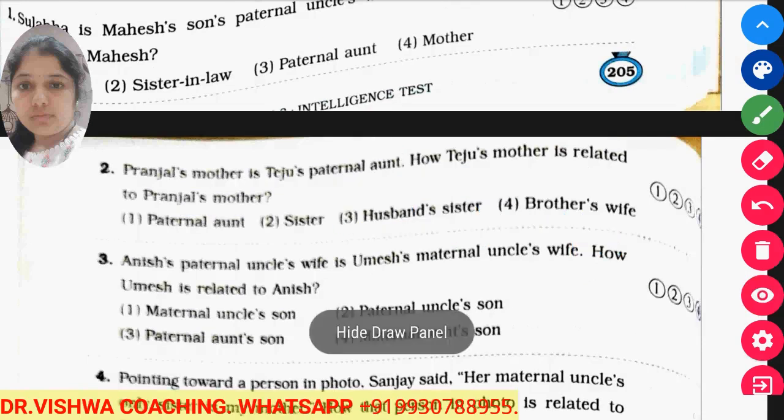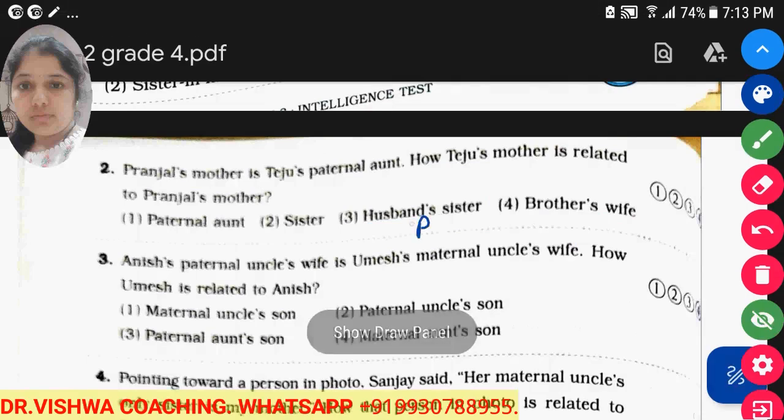Okay. So now see, Pranjal's mother is Teju's paternal aunt, means Pranjal's mother and Teju's father are brother and sister.